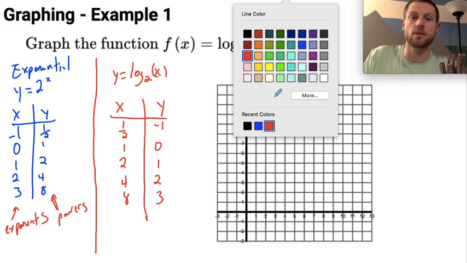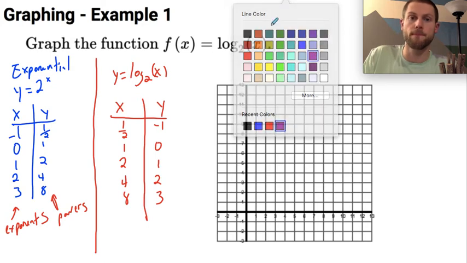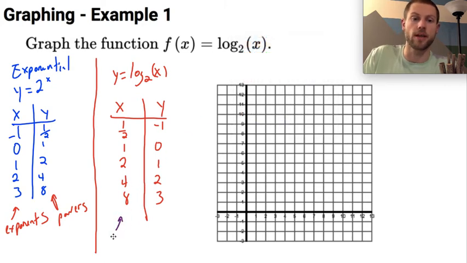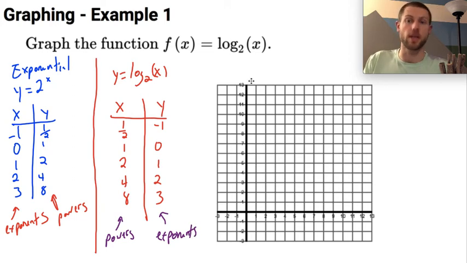And in this case, my powers are my x values, and my exponents are the y values. That should make sense, since the thing that comes out of a logarithm is an exponent, and the numbers that you'd prefer to go into a logarithm are ones that work out nicely with the base. So once we have this in mind, we're ready to graph this.